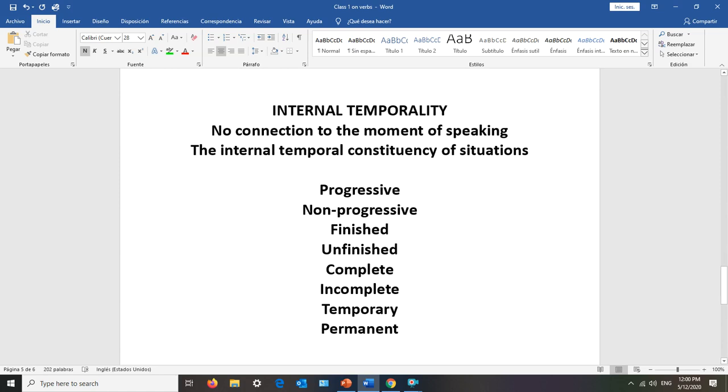All these are categories that you associate with the notion of aspect, okay?